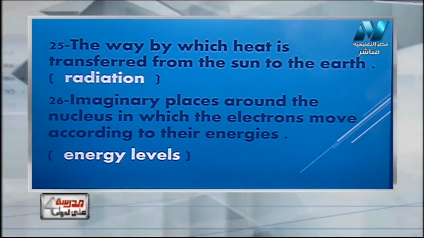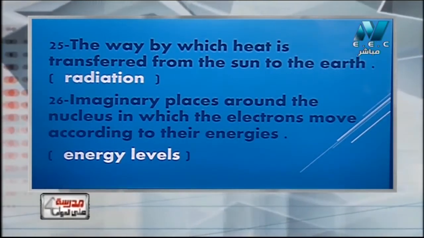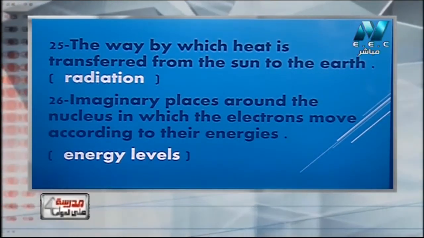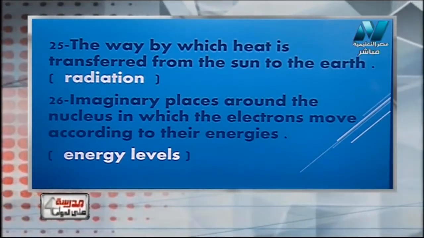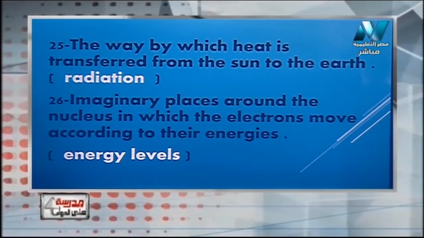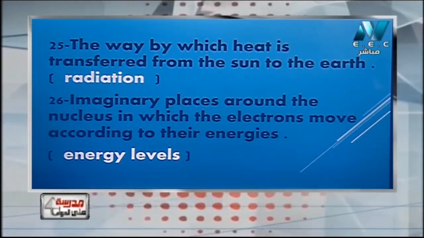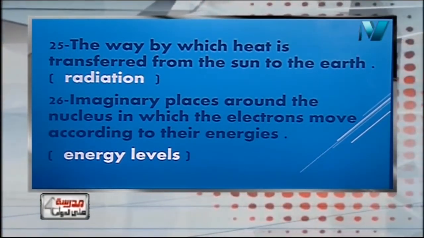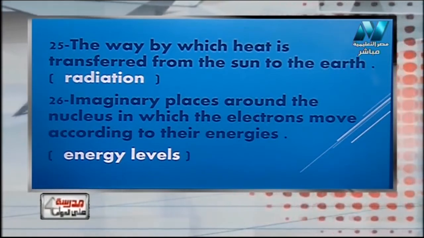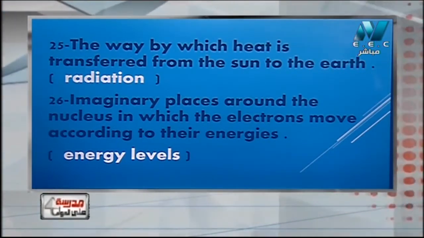It is radiation. But when he asks me about the way of heat transferring through gases and liquids, as I said before, it's not radiation, but it is convection. But just from the sun to the earth, radiation. And another question, what is the way of transferring heat from the lamp?